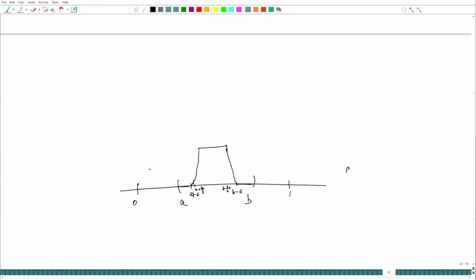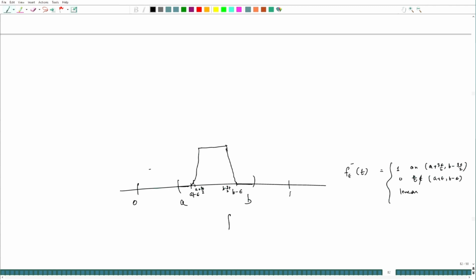So f epsilon minus of t is equal to 1 on a plus 3 epsilon by 2 to b minus 3 epsilon by 2, 0 outside a plus epsilon to b minus epsilon, and linear in between.